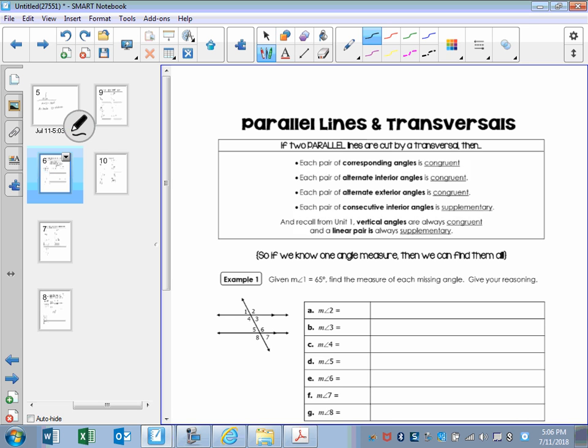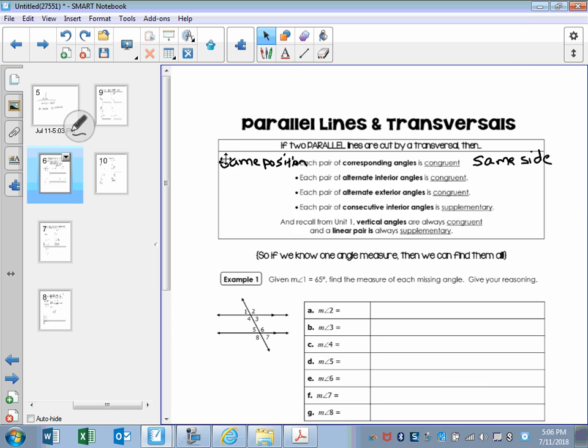Corresponding angles are angles in the same position. So there are two ways we can describe it: same position, same side. Alternate interior means alternate positions, so a different position, but inside.